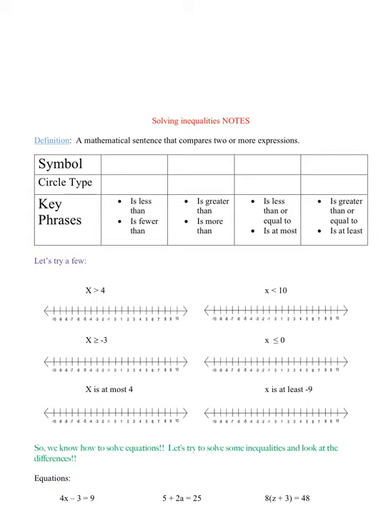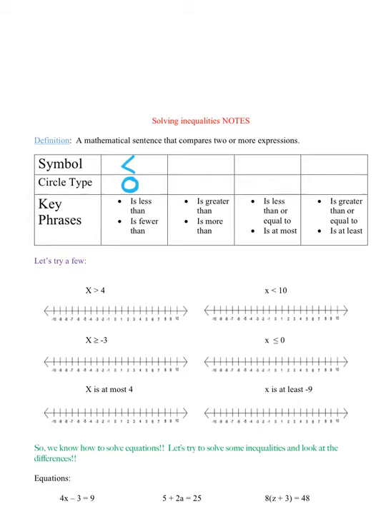So if we look at the key phrases in the first column here, "is less than" or "is fewer than," our symbol for this is going to be less than. And our circle type is going to be open.